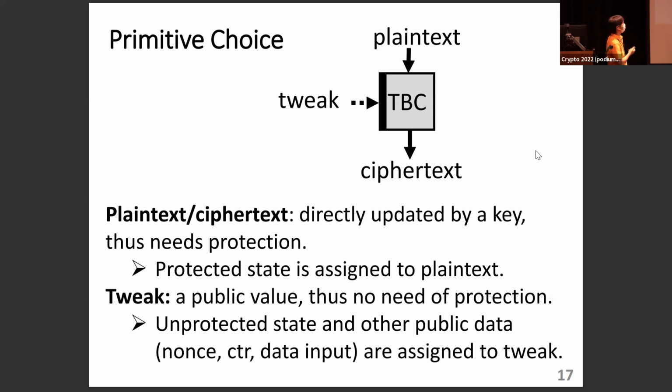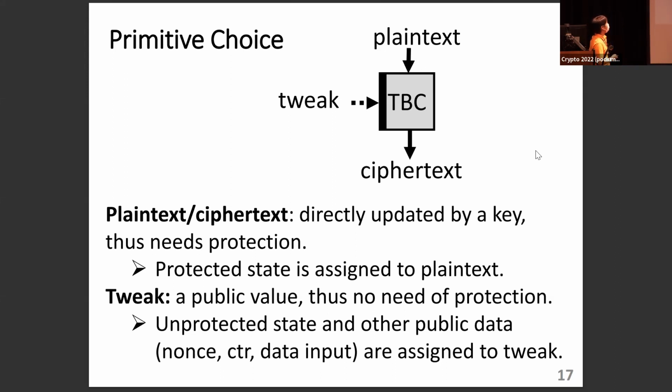Otherwise, the key is directly leaked. This is quite suitable for processing the protected state of the HOMA mode, because the protected state requires protection anyway. And the tweak of the tweakable cipher is a public value, so we don't need protection because it's public anyway.